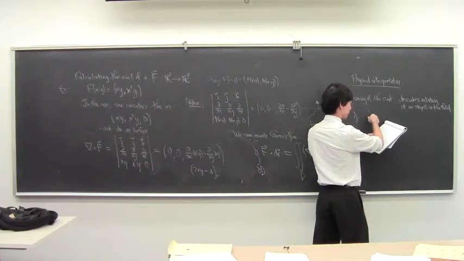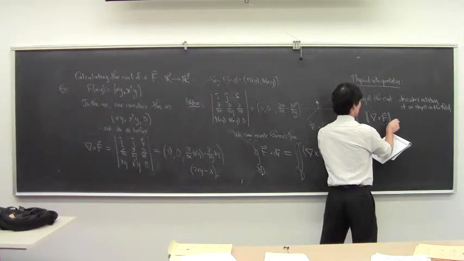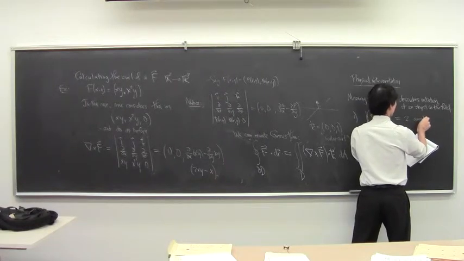So the magnitude of the curl corresponds to twice the angular velocity.